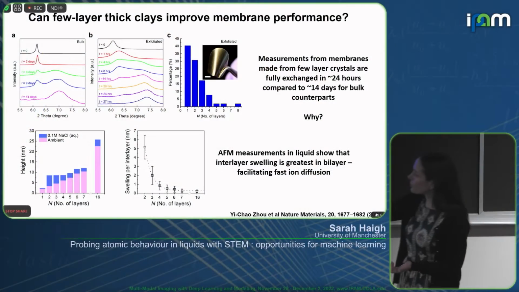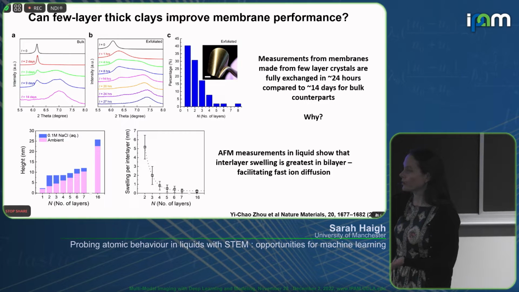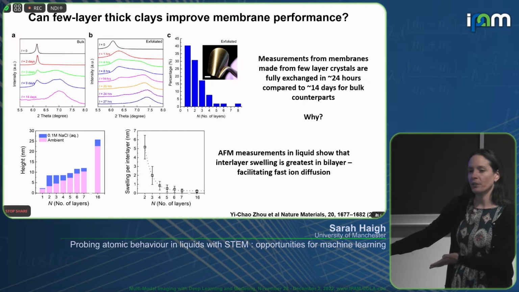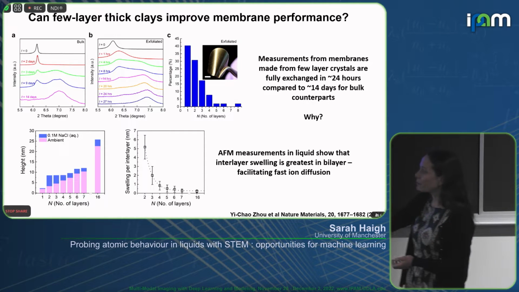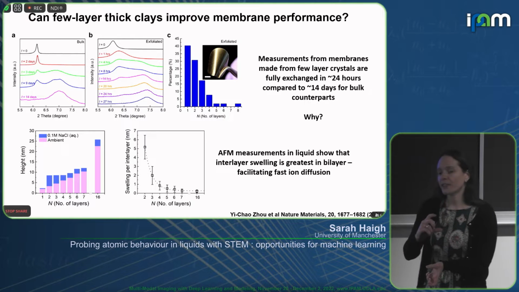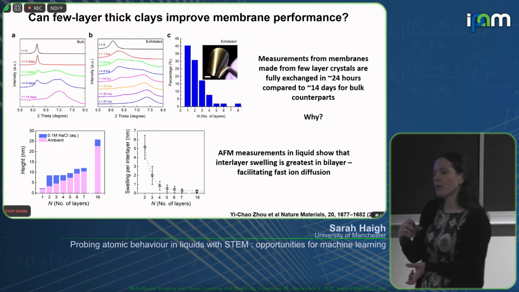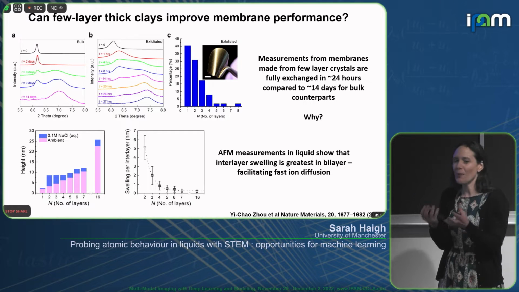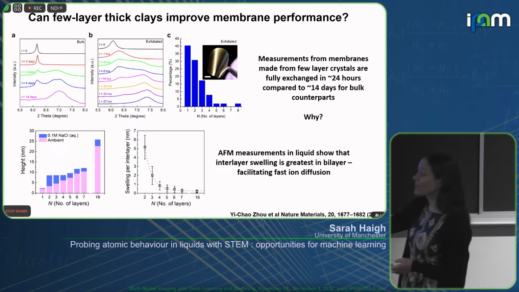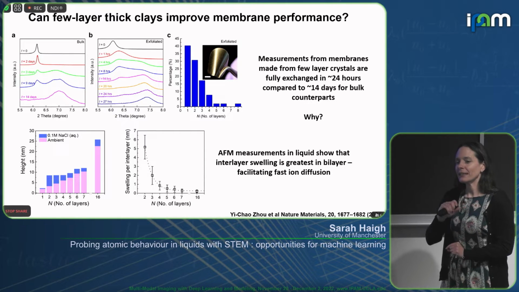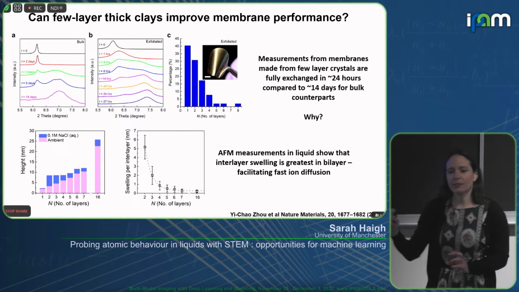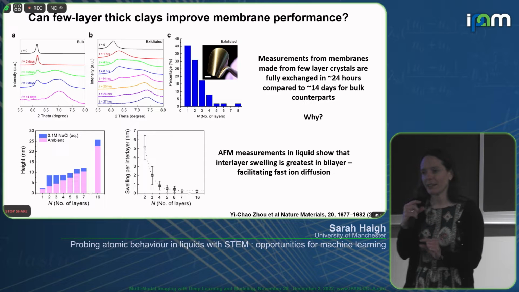But we've done that because you can see here that when you only have one aluminosilicate layer, one crystalline layer, then it doesn't change in height at all when you put it into the liquid. However, when you have 2 layers, that space between the 2 aluminosilicate layers, the interlayer space, increases the height of the sample by 5 nanometers. That is just enormous. But it is still a perfect crystal. When we have 3 layers, so 2 interlayer spaces, now the increase in height is only 3 nanometers, and that's spread over 2 interlayer spaces.